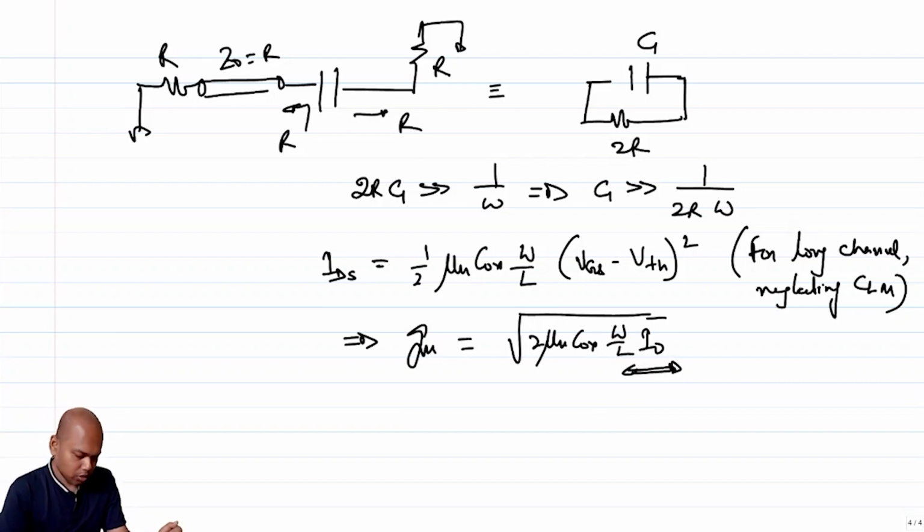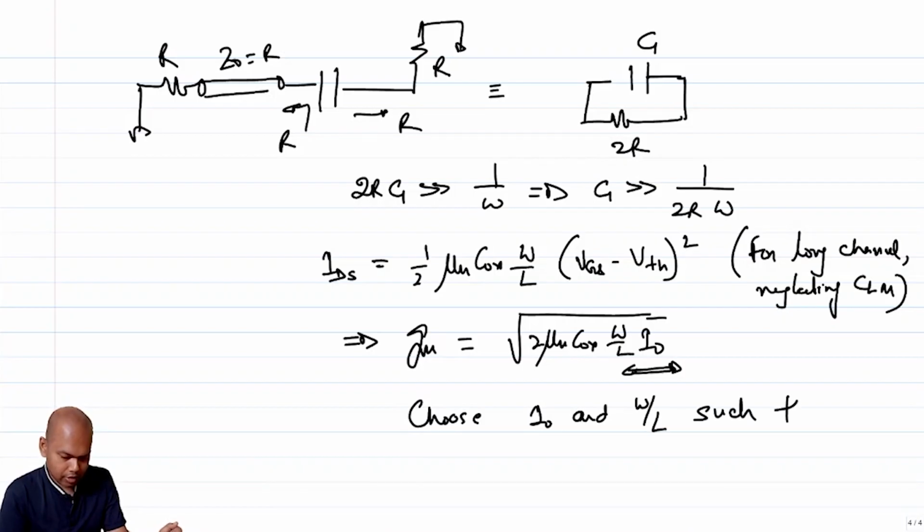So essentially we need to choose I naught and W by L such that GM is approximately equal to 1 by 50 ohm, which is 20 millisiemens.